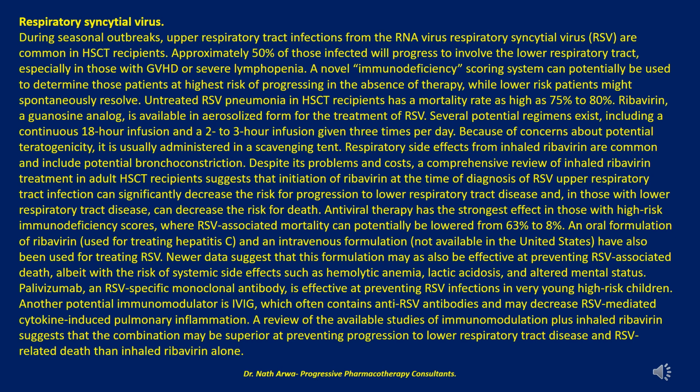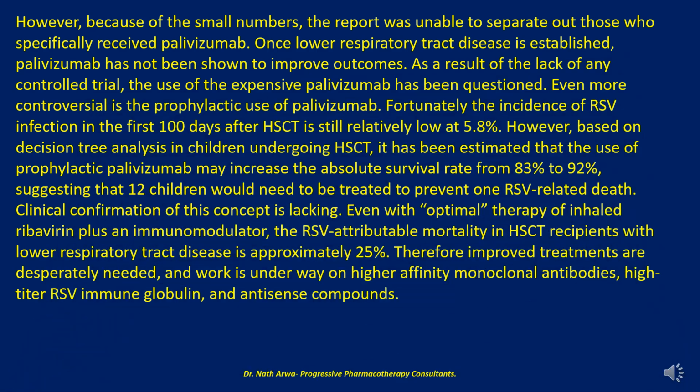A review of the available studies of immunomodulation plus inhaled ribavirin suggests that the combination may be superior at preventing progression to lower respiratory tract disease and RSV-related death than inhaled ribavirin alone. However, because of the small numbers, the report was unable to separate out those who specifically received palivizumab.